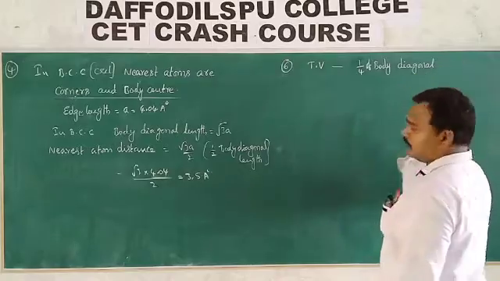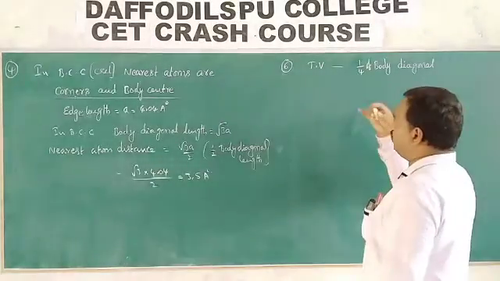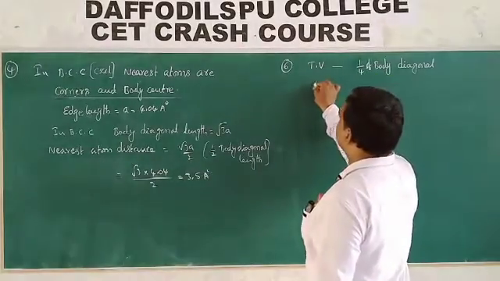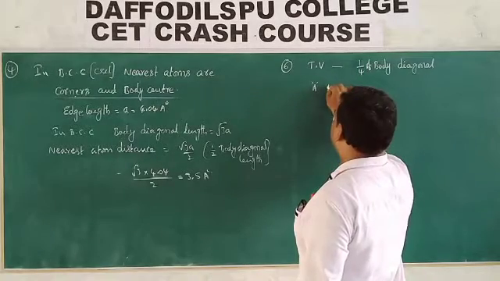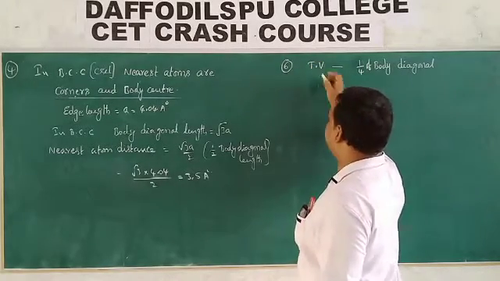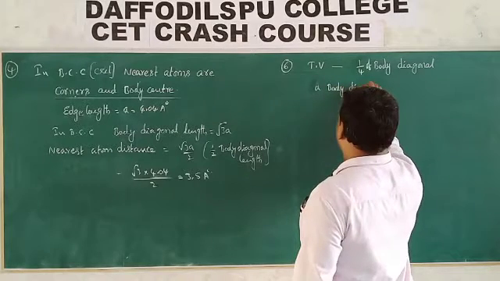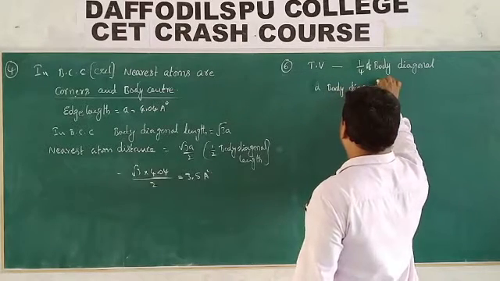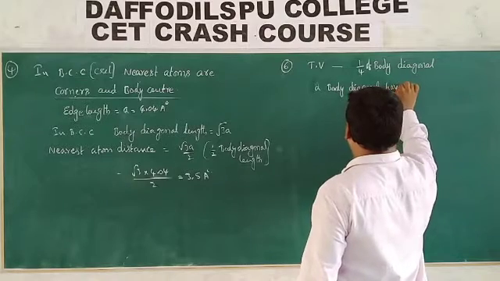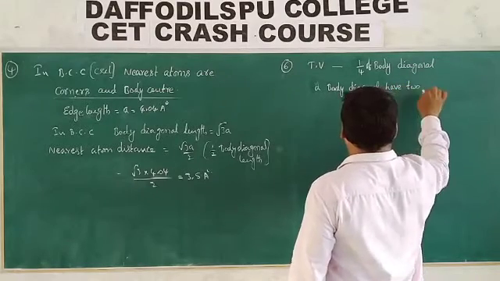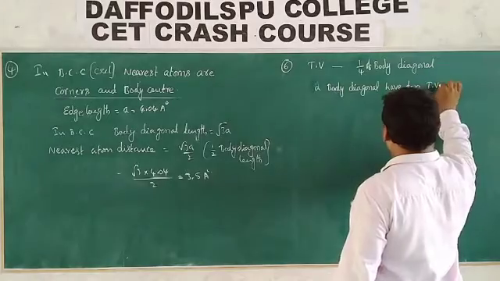A body diagonal contains two tetrahedral voids.